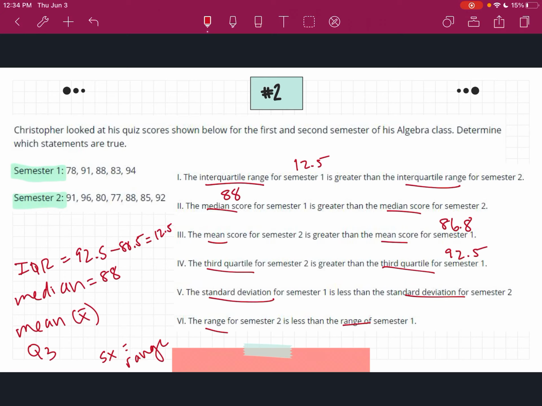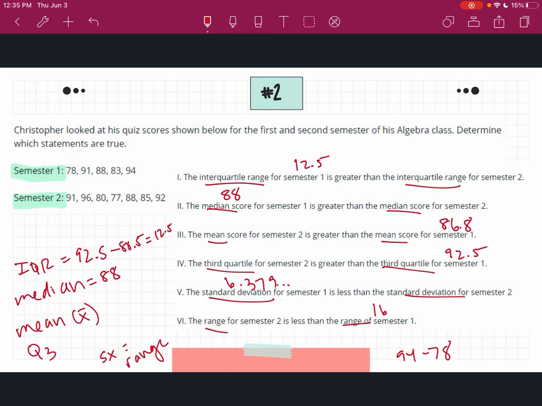The standard deviation is 6.379, etc. And then the range would be your max minus your min. So our max here was 94, and our min was 78. So that would be 16. All right, so now we're going to do the same exact thing for your second list. So go and enter the semester 2, and we'll find all the data there.